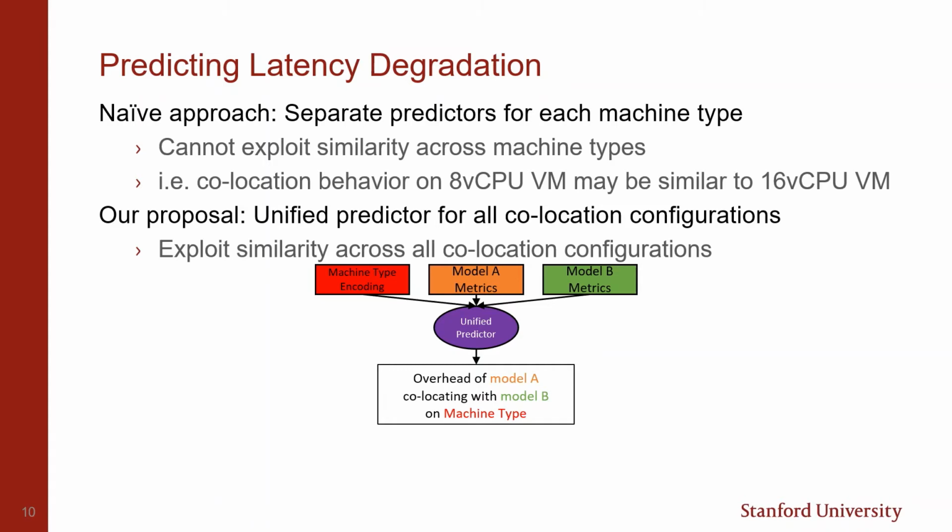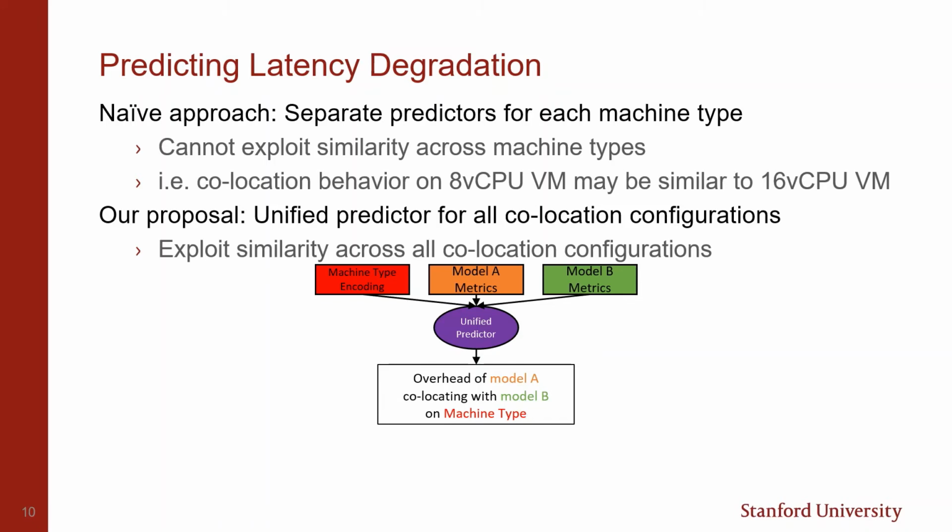So in our work, we suggest using a unified predictor across all collocation configurations. In this way, the unified predictor can exploit similarity across all collocation configurations, thus improving data efficiency over the separate approach. Here I'm showing an abstract illustration of the unified predictor.